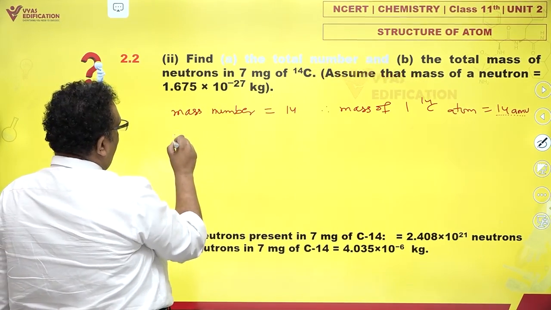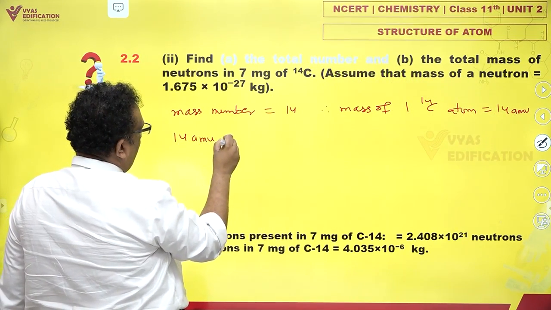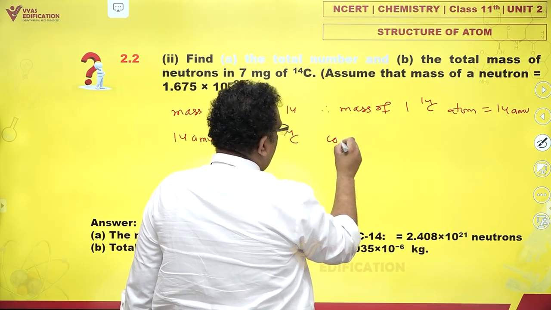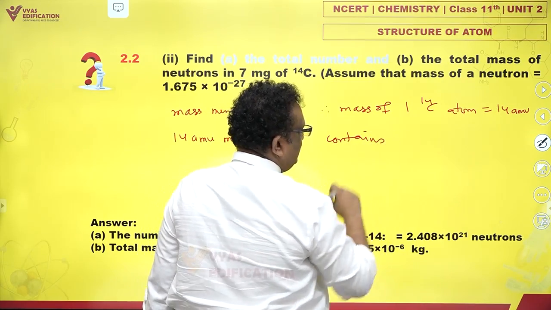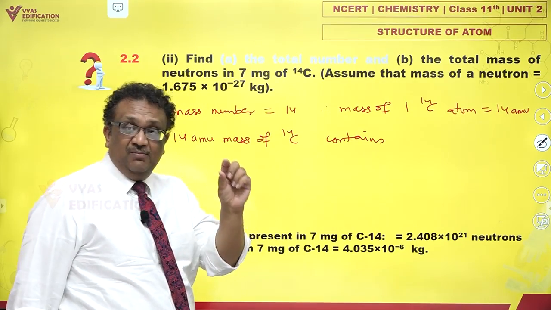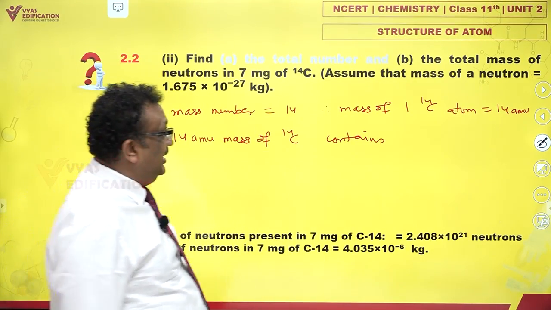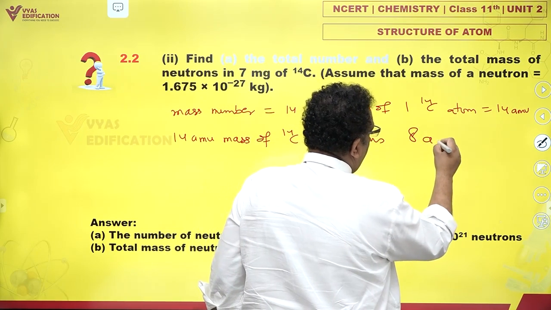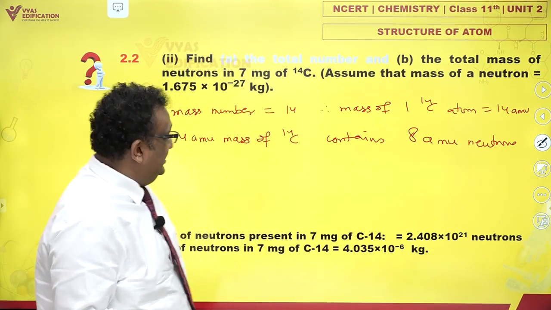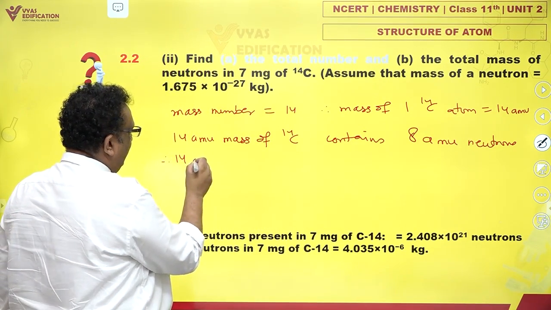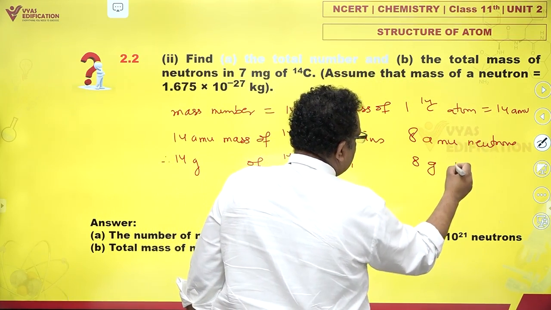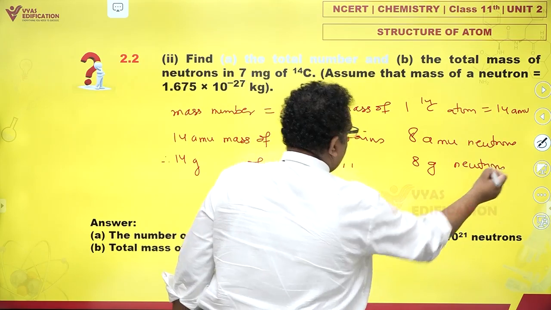So one atom of C14 has 14 AMU mass, and it contains 8 AMU of neutrons. That means, therefore, 14 grams of C14 contains 8 grams of neutrons, right?